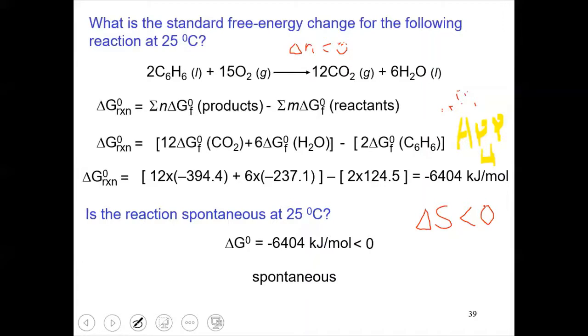But our delta G came out to be negative, right? So therefore, since the temperature is relatively low, 25 degrees Celsius, which property then is driving the spontaneity of this reaction?